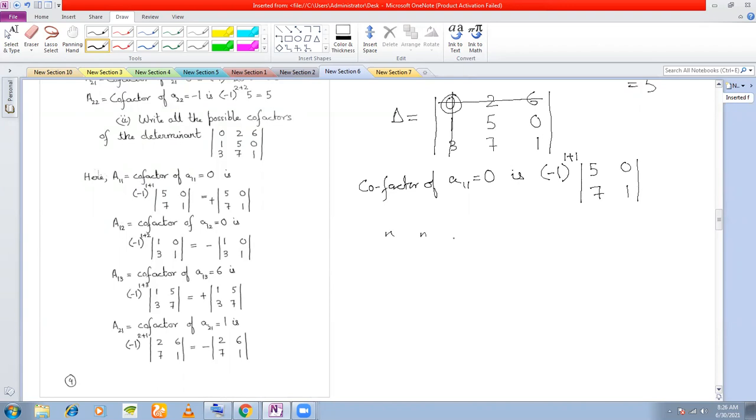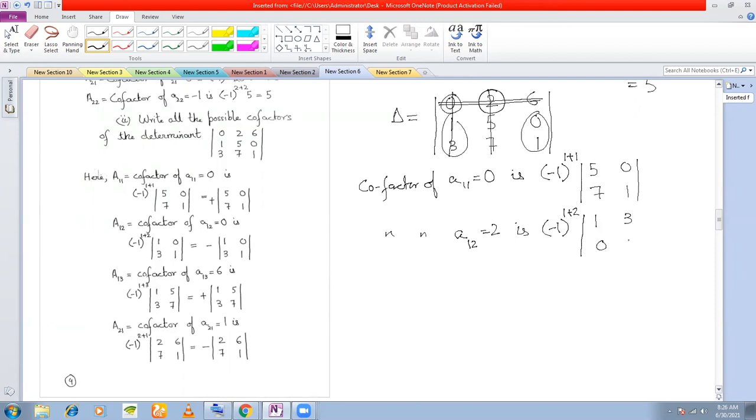Suppose I want to calculate the cofactor of A12 equal to 2. That is, the cofactor of this element is minus 1 to the power of 1 plus 2. And I'll hide this column and this row. So I'm left with 1, 3 and 0, 1.